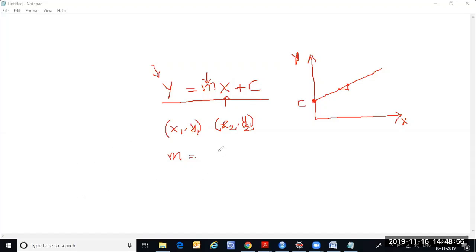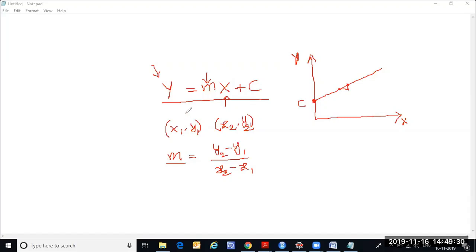Exactly. Clear? So using this right angle triangle, Pythagoras theorem, you can calculate the slope between the two.